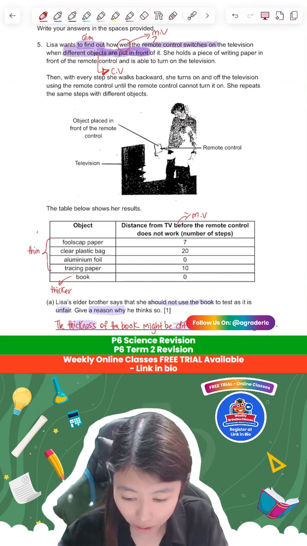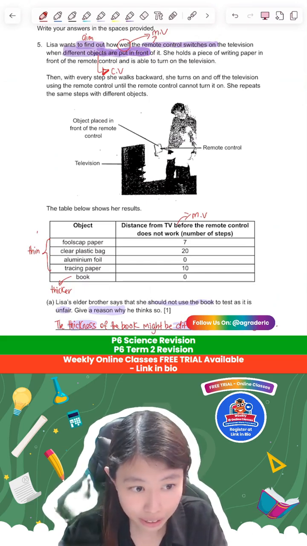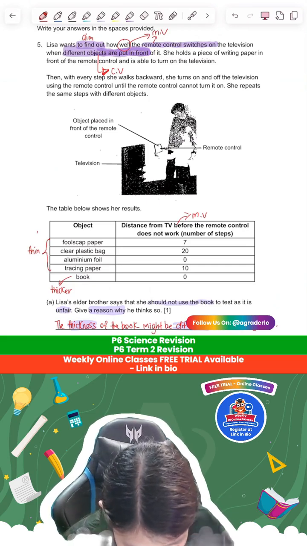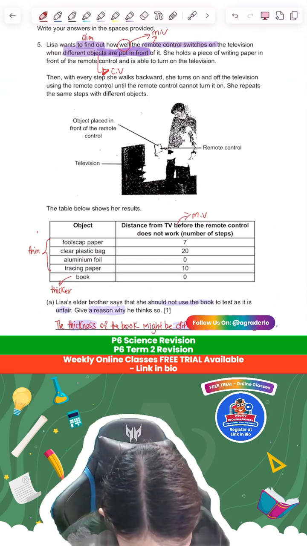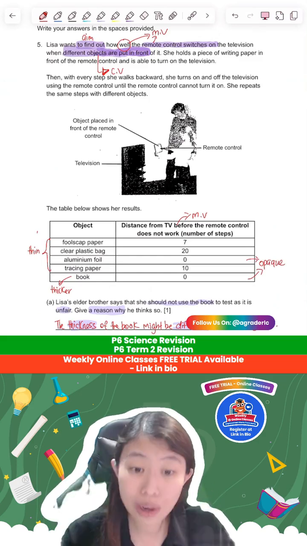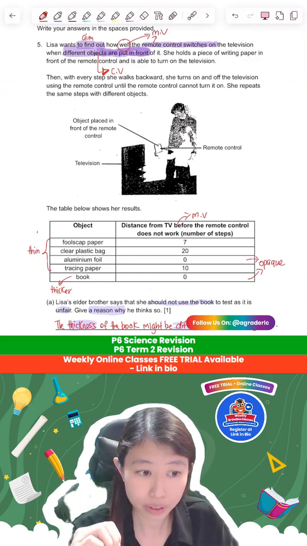Book, and one more. Aluminium foil. Very good. You should know that aluminium foil and book are opaque. No light can pass through at all.